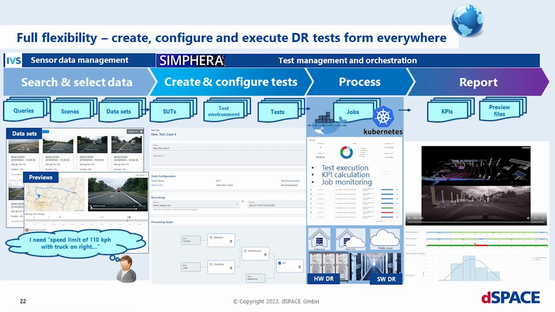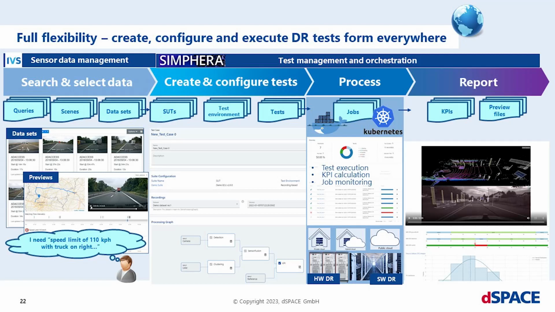Now, I would like to add the last puzzle piece to the data replay toolchain, which is the Synfera Data Management Platform. This slide shows the whole workflow for data replay testing. From each corner of the globe with available internet connection, a test manager can access IVS and Synfera via the web front end.